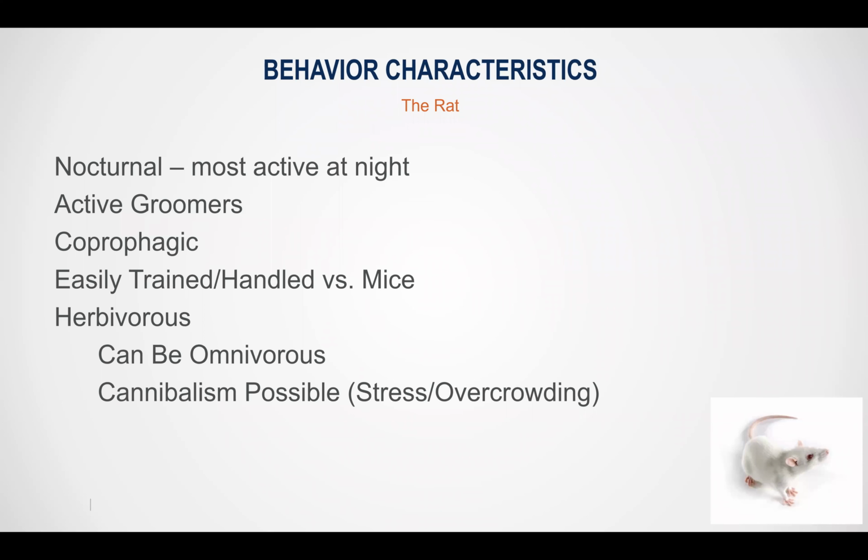Rat behavior. So rats are also nocturnal, which means most activity at night. They're very active groomers also. They are also coprophagic. This means that they will consume feces, like night feces, like rabbits do, directly from their anus.